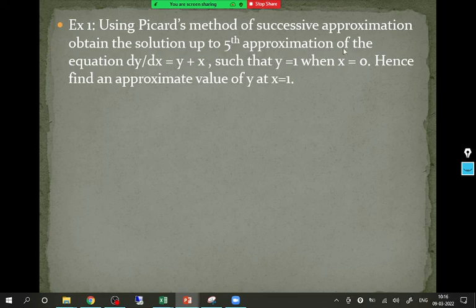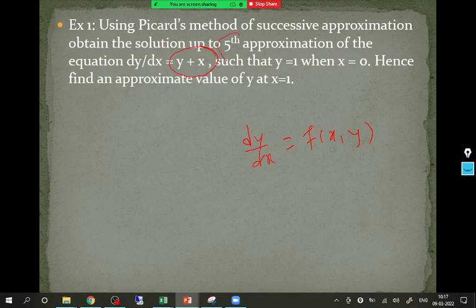Yeah, good, correct. Y5. And we are given dy by dx equal to y plus x. Now can you tell me what is f of x, y here then? Compare with the general problem. The general problem is dy by dx equal to f of x, y. So f of x, y should be this y plus x.